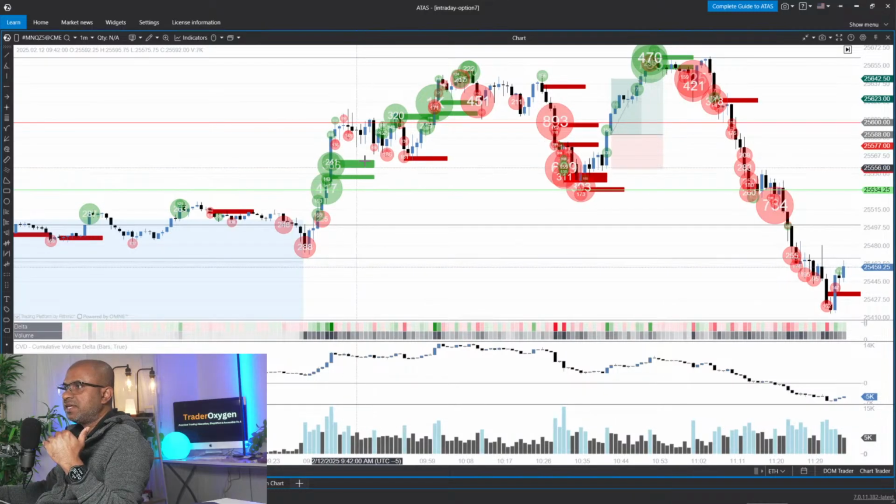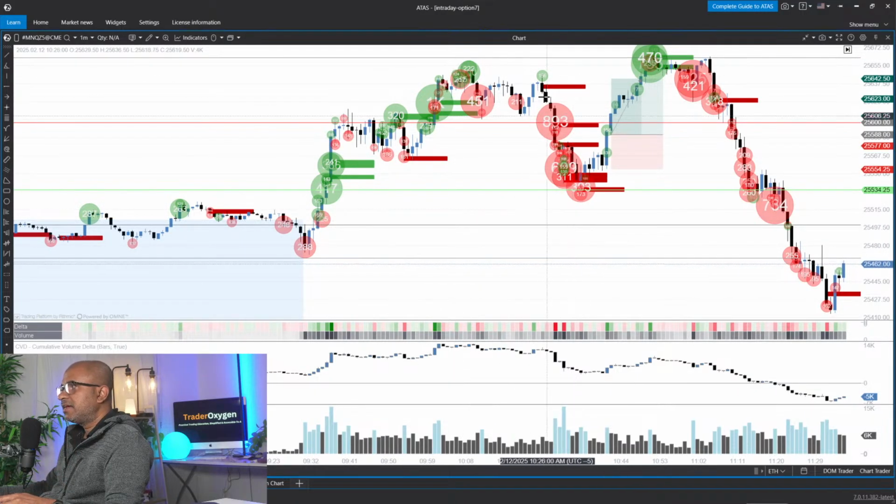Now when we see the price pushed away from the value area high, we look at 10:30 AM, during this retracement that we showed you earlier in the 5 minute chart.